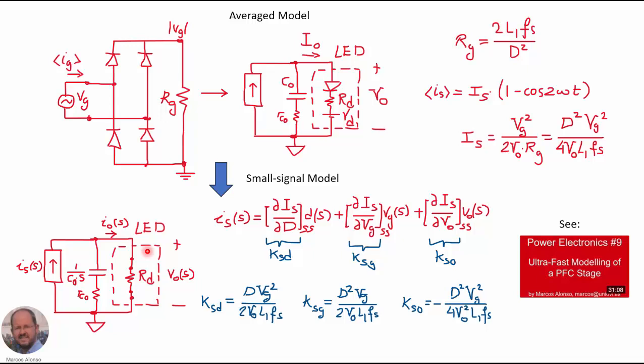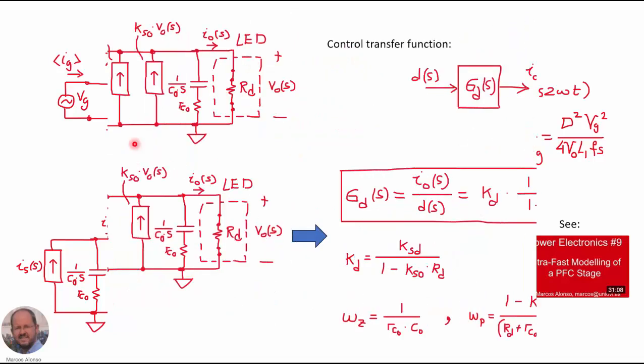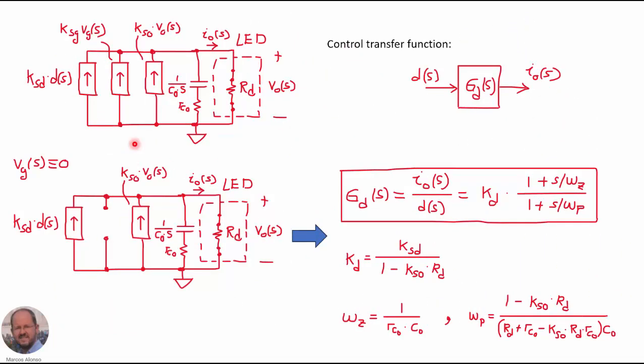This would be a mistake, and this would produce a wrong model for our converter. So it's very important to take this into account and use only the dynamic resistance of the LED. So with this, now we have our small signal model for our LED driver.